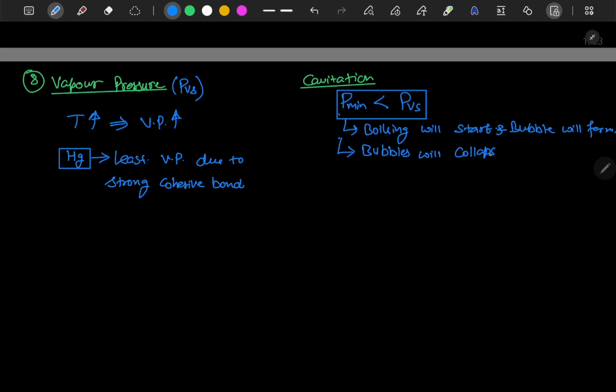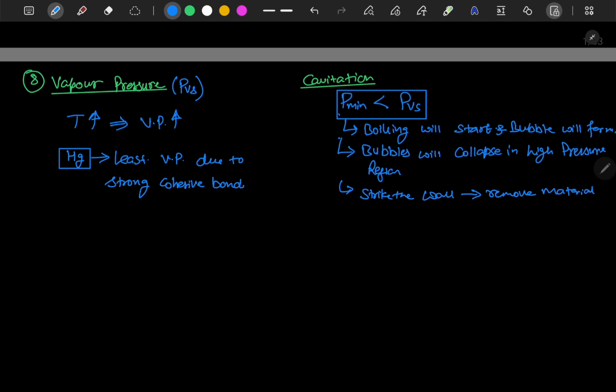Okay, so now bubbles will collapse in the high pressure region. And whenever they collapse, if they strike the wall of the pipe, then it will cause material removal from the pipe wall.